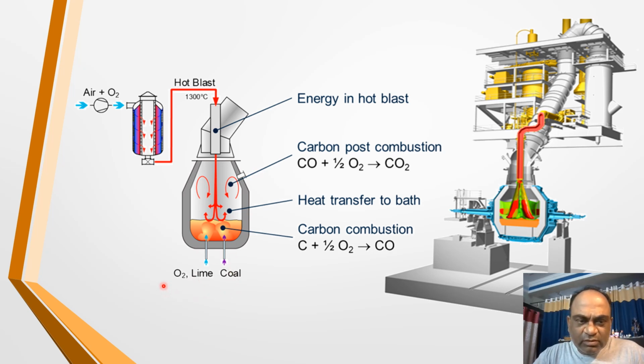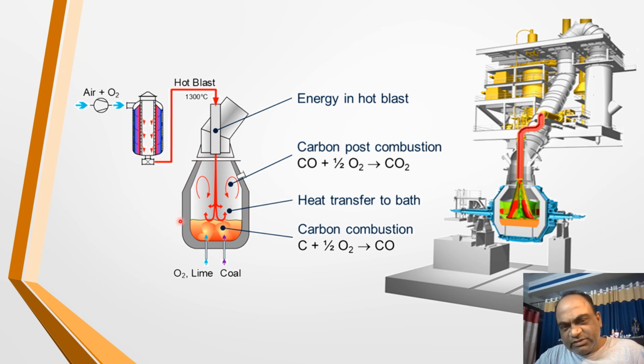Lime or coal basically are added from the top, so that has a different mechanism. You have a weighing scale and hoppers to put the material into the basic oxygen furnace.